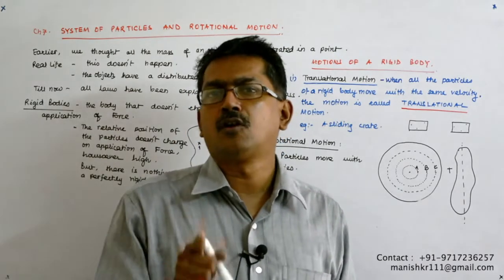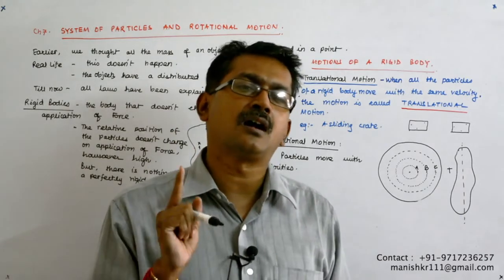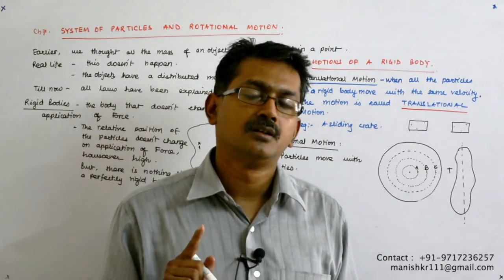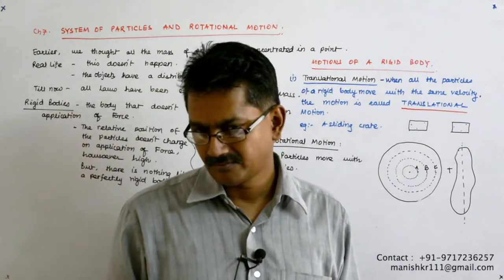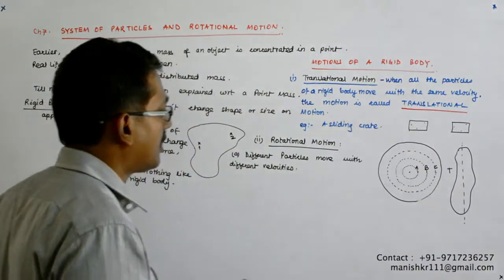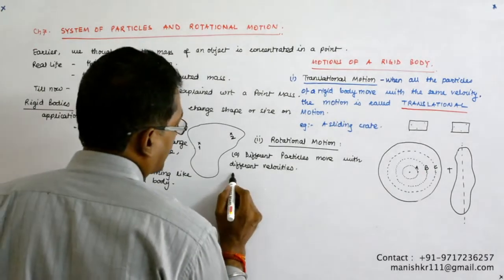This line on which the particles are stationary is called the axis of rotation.